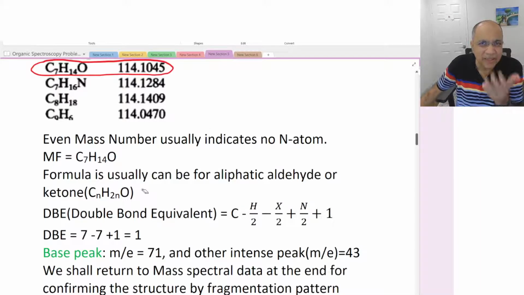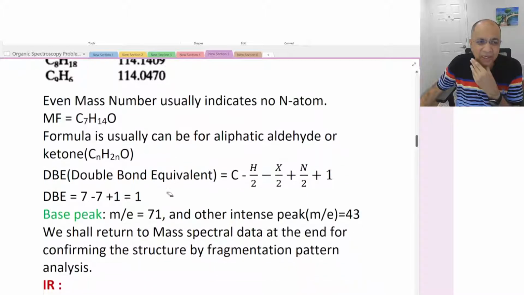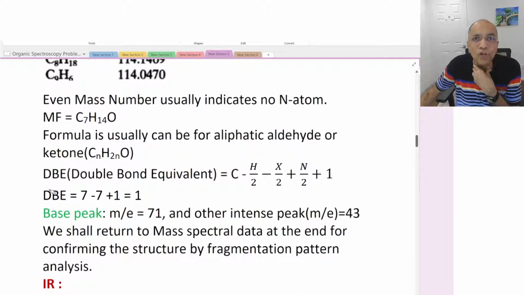Let's suspect. What is the harm in suspecting things? Now, immediately you go for double bond equivalent: C minus hydrogen by 2 minus halogen by 2 plus nitrogen by 2 plus 1. And we get there is no halogen, no nitrogen, so we get 1. So that 1 could be a carbonyl group.